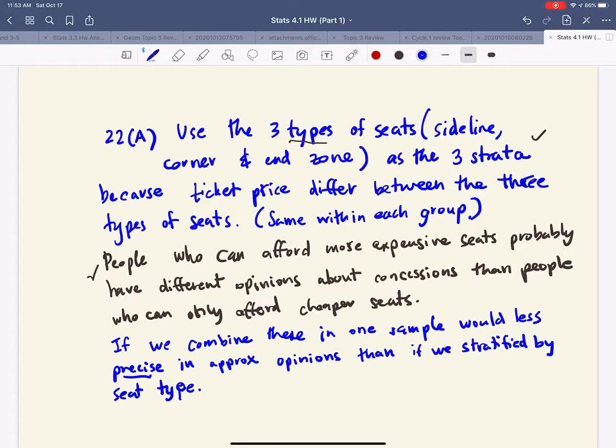Yet the one that was the most precise was the stratified one, even though the same size. So if we combine these in one sample, it would be less precise in approximating than if we stratified by seat type using the same sample size.